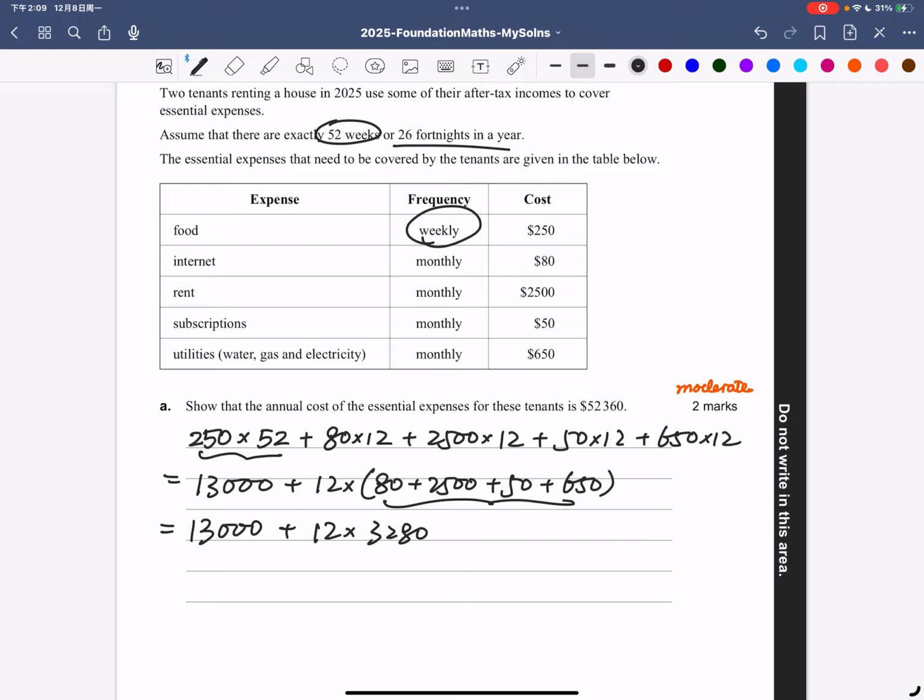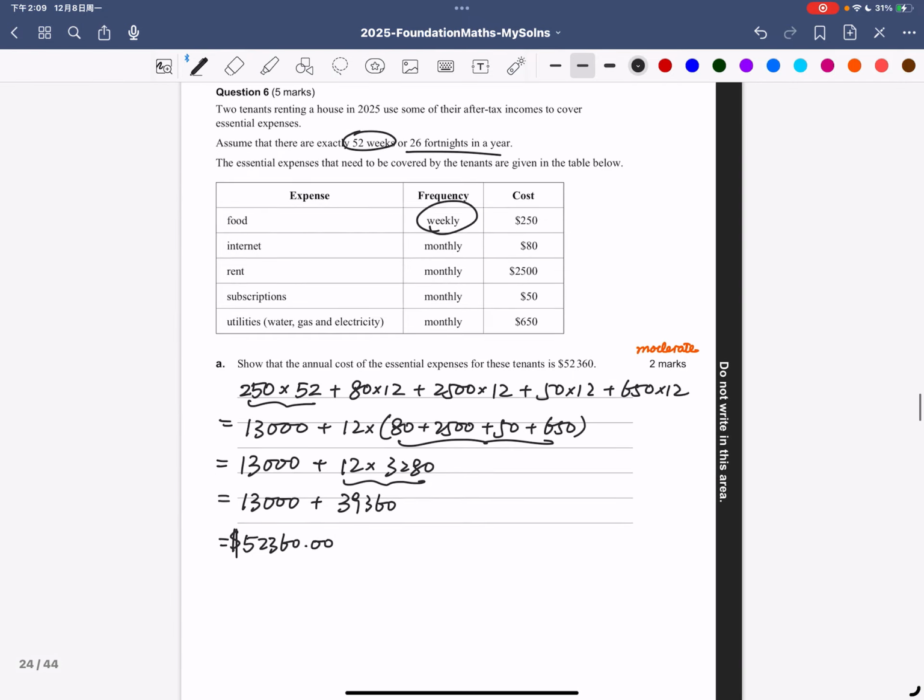You can add them up separately, and then you get 13000 plus 39360. Oh, bear with me. You don't have the 12 here because you already did the multiplication. So this number will be 39360. So eventually it's 52360. So that's the annual cost of the essential expenditure.